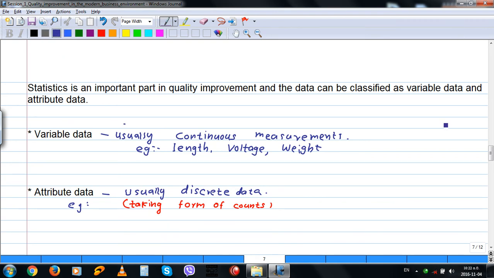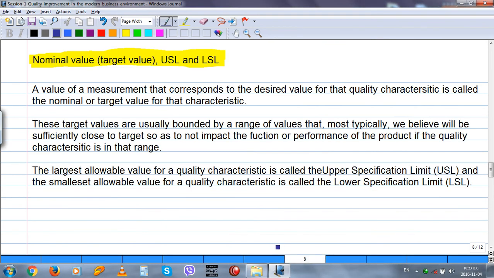As an example, if we do a survey of the number of vehicles entering a certain city in a specific period of time, we are taking the count of vehicles, so that is attribute data. At a university, the number of students attending a lecture is also a count, so that belongs to attribute data. That is the difference between variable data and attribute data.